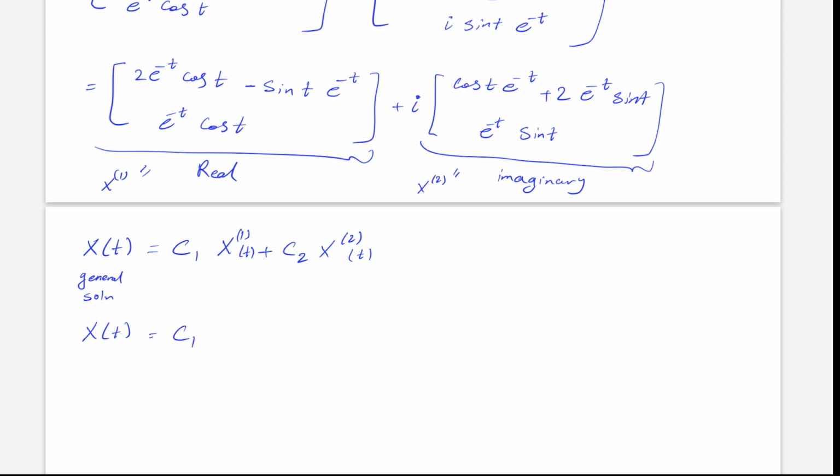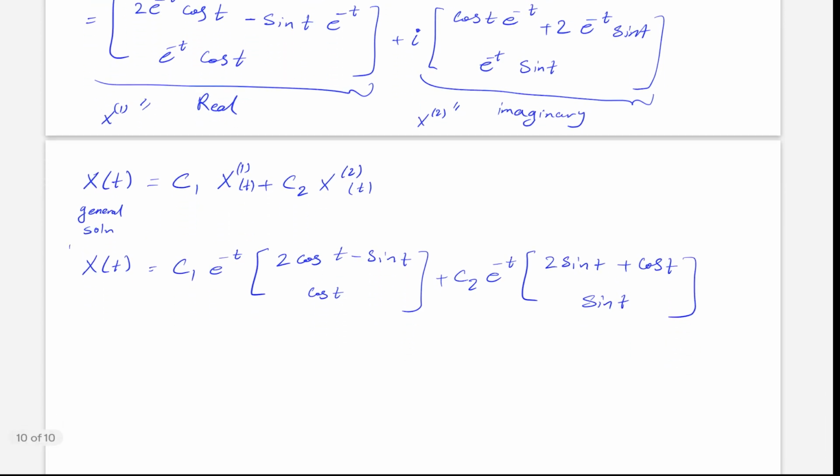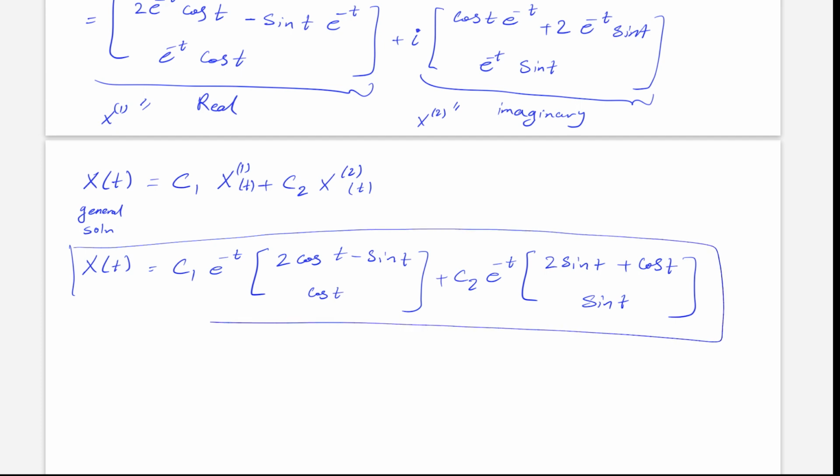So it will be c1 e to the minus t times 2 cosine t minus sine t, cosine of t, plus c2 e to the minus t times 2 sine t plus cosine of t, sine t. This is our answer.